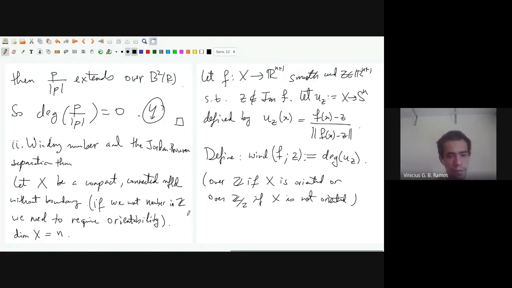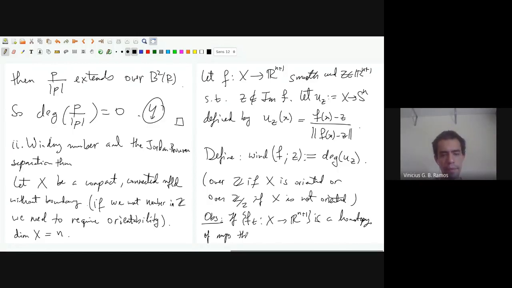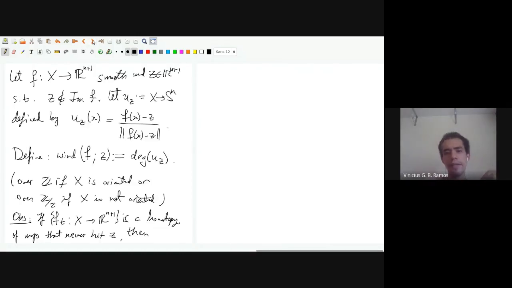Okay, so the observation is that if f_t is a homotopy of maps that never hit z, then the winding number is preserved.